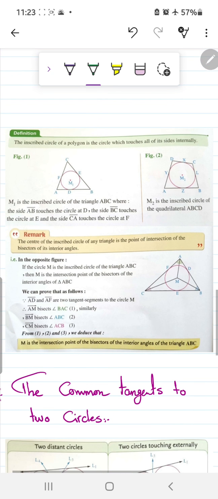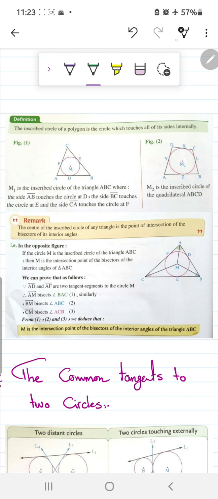We have some definitions. The inscribed circle of a polygon is the circle which touches all of its sides internally. So here we have the inscribed circle, the circle which touches all of its sides internally, in figure 1 and in figure 2.